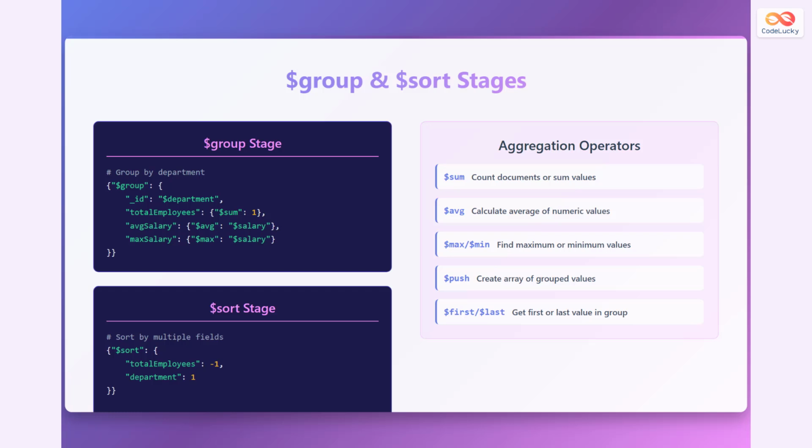The $sort stage sorts the documents based on one or more fields. You can sort by multiple fields, specifying the sort order for each field, such as sorting by total employees in descending order, and then by department in ascending order. You can also sort by computed fields, such as sorting by the average salary in descending order.